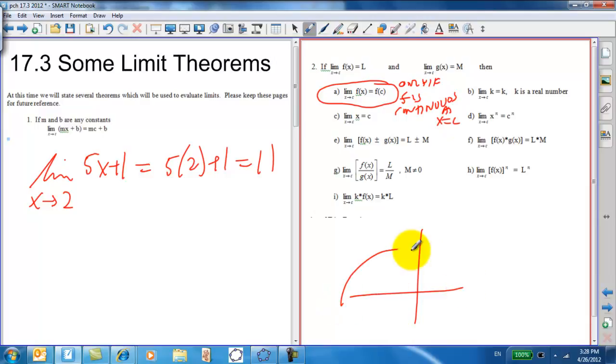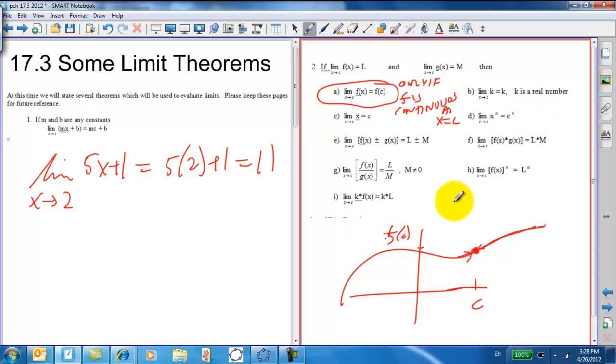That is, here's f, here's c, here's f(c), and basically the function agrees, and the limit as we approach c of f(x) equals f(c), then it's continuous there. It's not a sudden hole or sudden vertical asymptote or anything like that.